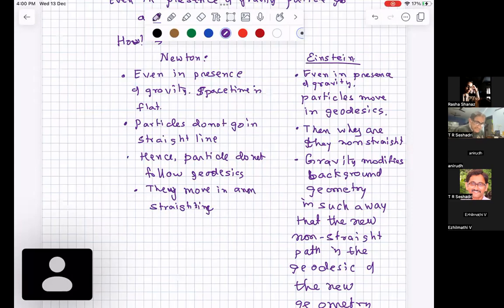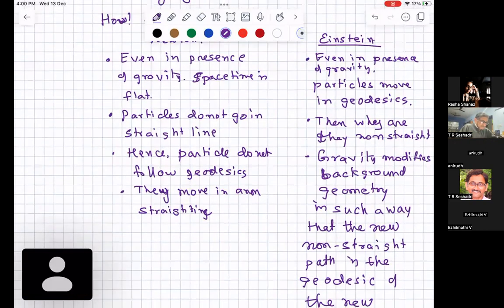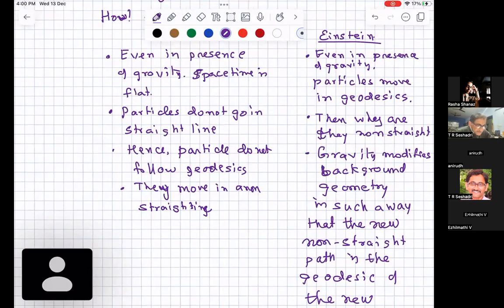If gravity is acting on it, the particle will not go in a straight line and hence not along a geodesic. This is the explanation he gave for why a projectile goes in a parabolic path and not a straight line. Is this clear? So according to Newton, the particles do not follow the geodesic.